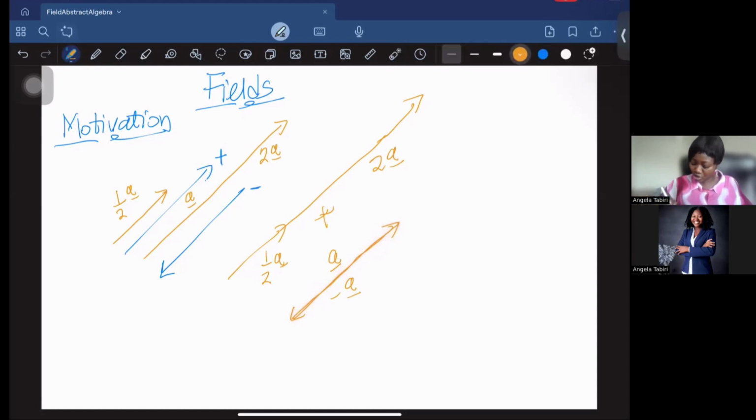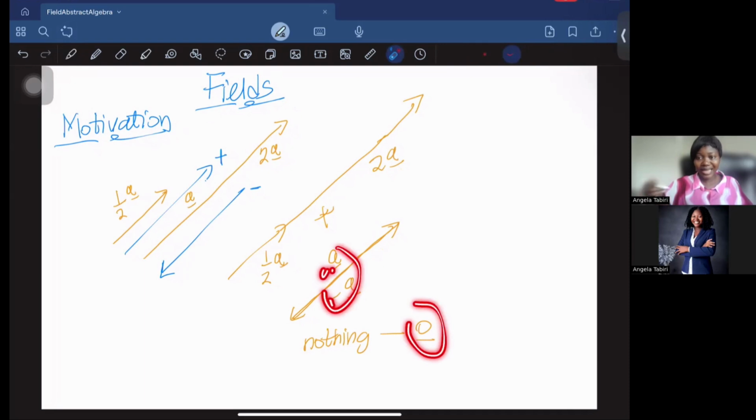So you want a notion of nothing, which we will use a convention of 0. So in these scalars, you want something that has to do with nothing. So these properties all come together to give you what we call a field.